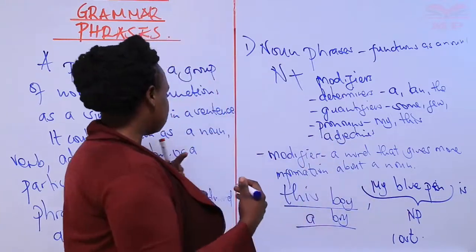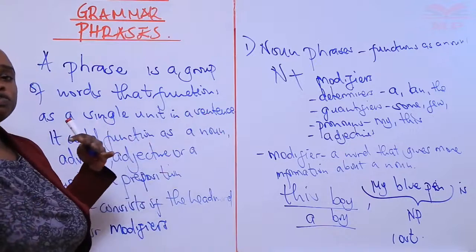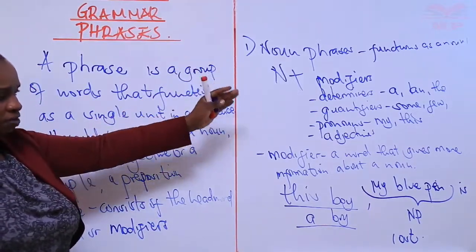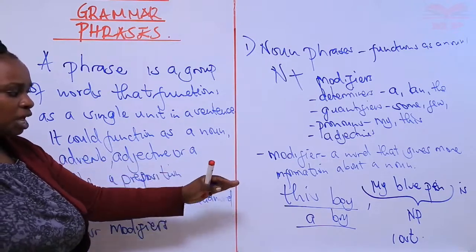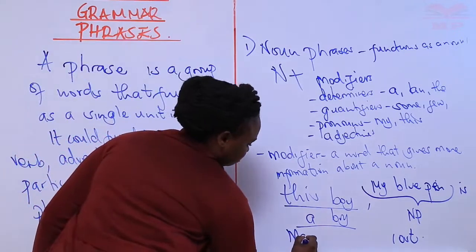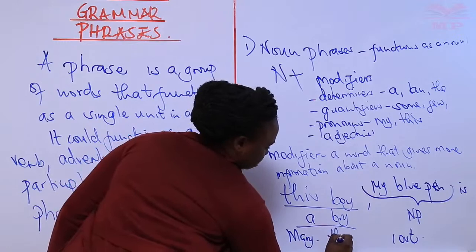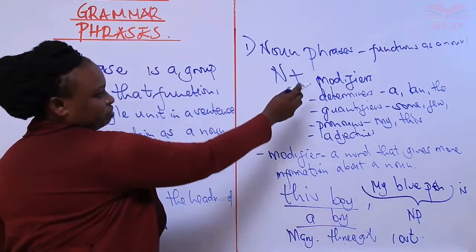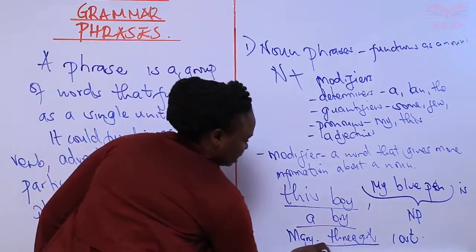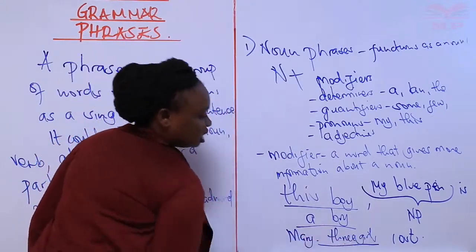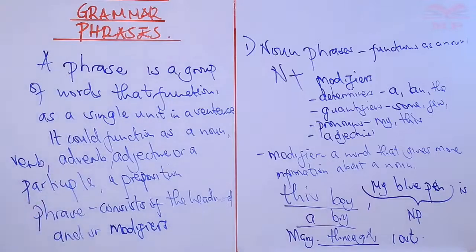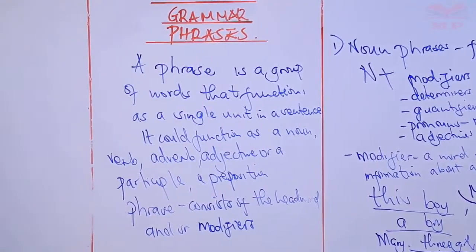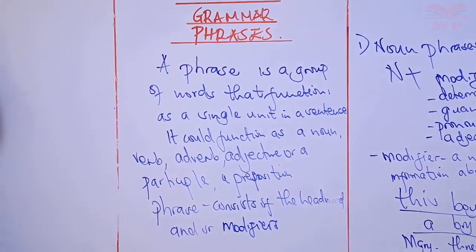So we are reminding ourselves what we know about phrases right from Form 1. So Form 1, we looked at noun phrases, and I've given you an example of a noun phrase. This boy, a boy, even Mary, 3 girls. You know, remember this word 3 is a modifier. When it functions like this, it becomes a group of words that is functioning as a noun. So we come to verb phrase. We come to verb phrase. Let me just write.